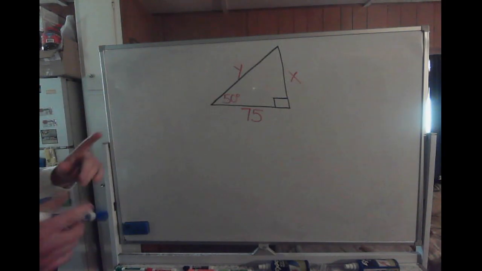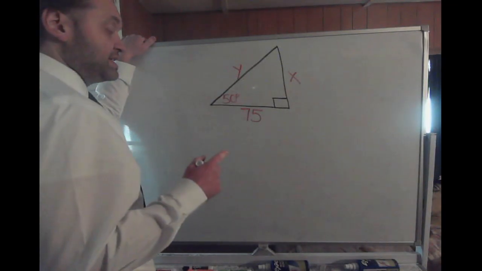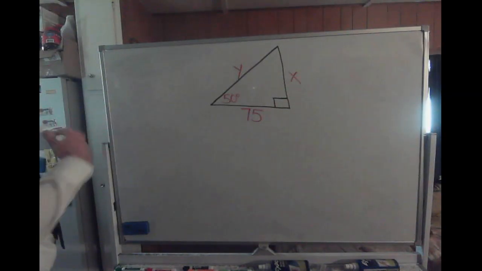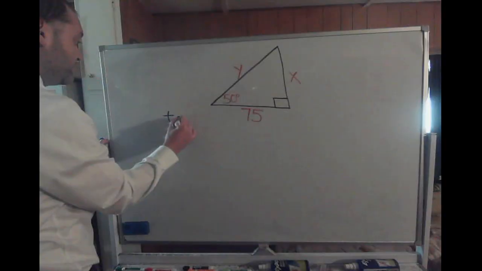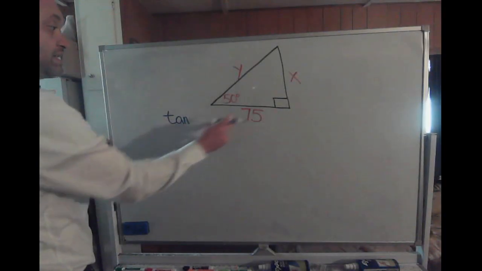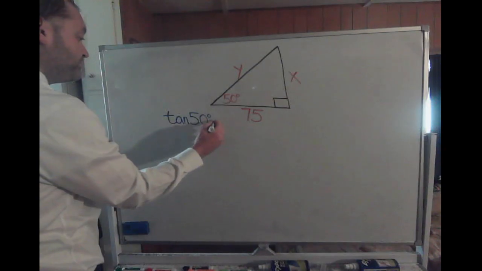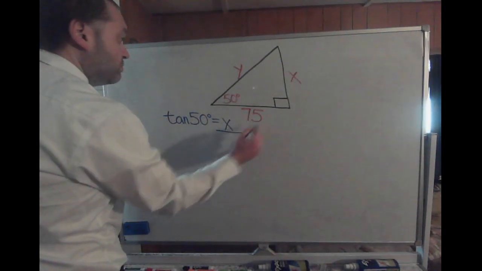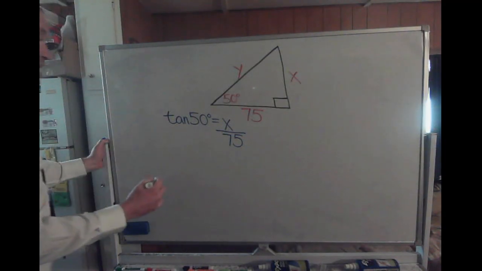Well, to solve for x, we're actually going to want to relate the opposite over the adjacent, which would bring in the tangent. We're going to use the tangent function for that. So set up your tangent ratio. The tangent of 50 degrees is equal to x, which would be the opposite leg, over the length of the adjacent, which is 75.